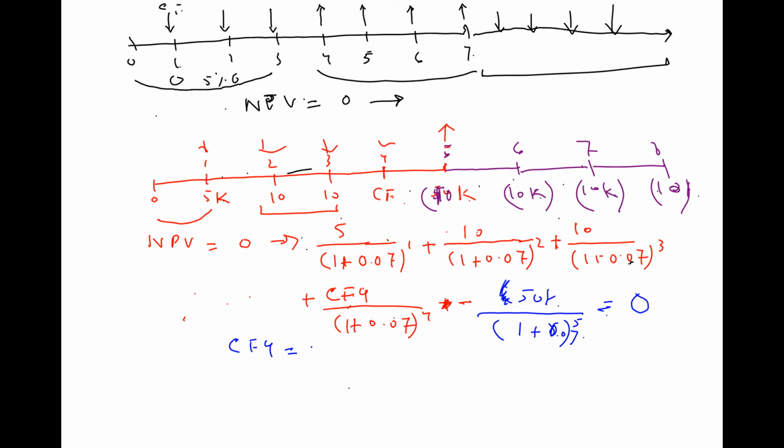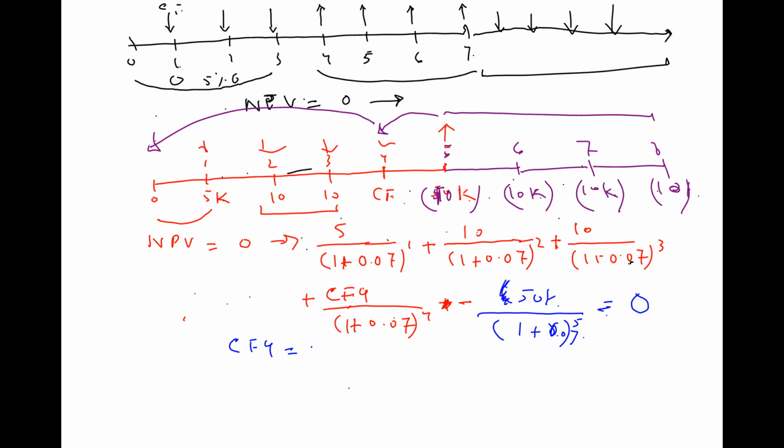This is also a cash outflow, and a perfect case of an annuity. I would find the present value of an annuity from period 5 to period 8. There are 4 cash flows, and I would get the value of the annuity at time period 4. Once I get the value using the formula we discussed earlier, I would discount it to time period 0, because we want the net present value at time period 0.